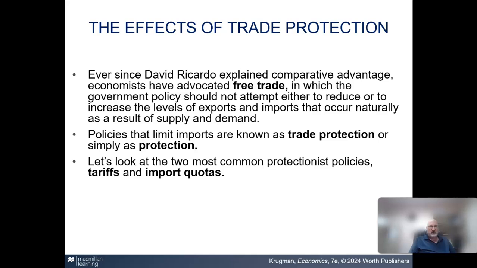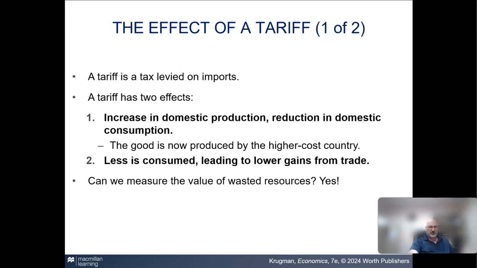The two most common protection policies are tariffs and import quotas. So let's start with tariffs. These things have been massive in the news. So any good economic policy has some tariffs in it.